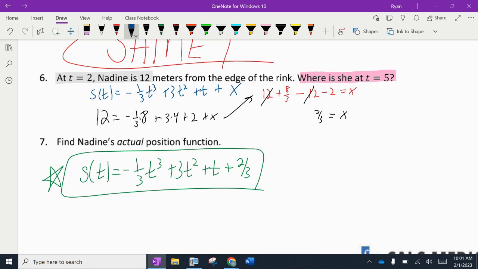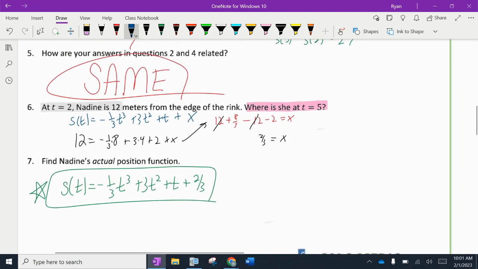All right, here we go. 2 ways. Let me explain probably the more involved way and probably the harder way. Since this is the actual position function, and I know that because if I plug 2 in for t, it gives me a position of 12, which is what we're told is true. So then if I plug 5 in for this, run it through the equation, that should give me her actual position at t equals 5 seconds. That would be true.